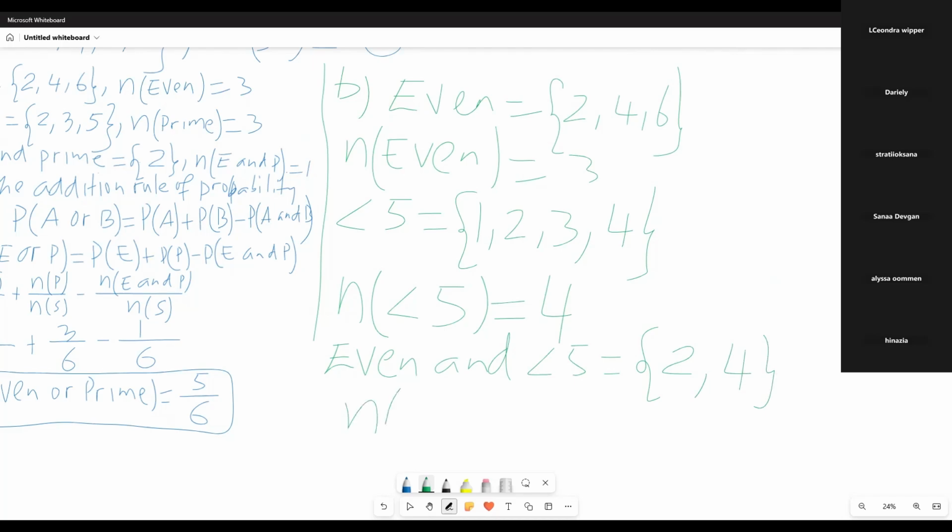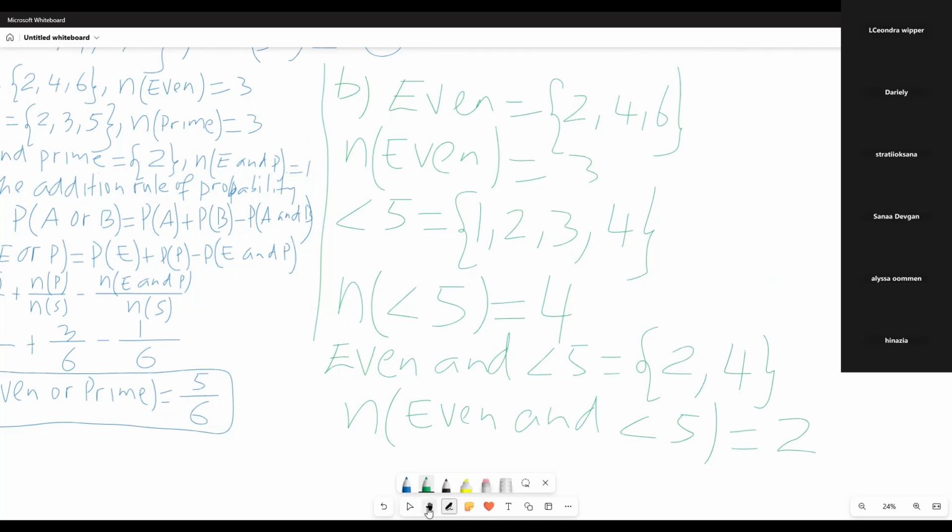So n of even and less than 5 equals 2 because you got 2 outcomes. Is this clear? Yes.